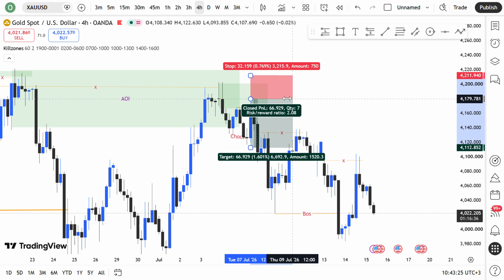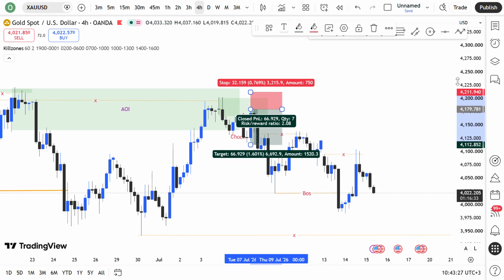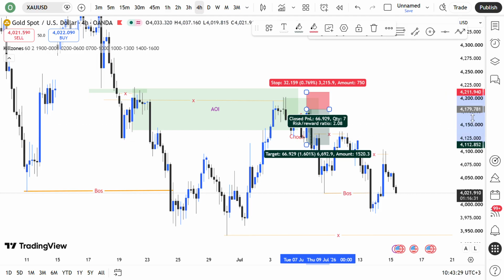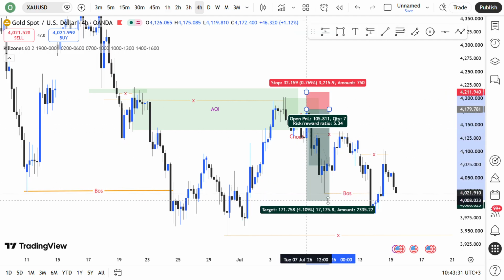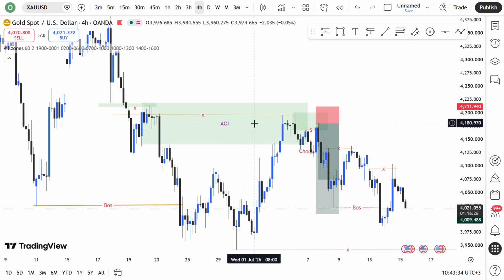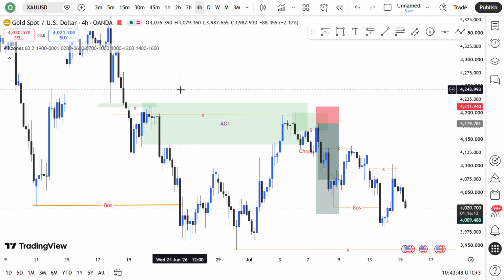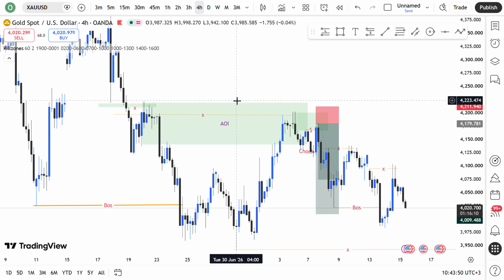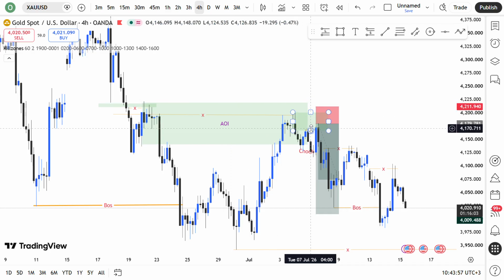So this is very useful after doing a top-down analysis and finding key zones, finding powerful order blocks from a higher time frame, which is maybe a weekly time frame, daily time frame, maybe a 4 hour time frame. We can jump down into the 1 hour time frame, 15 minutes time frame, and try to find an area which is capable of being swept out before we execute our trades.